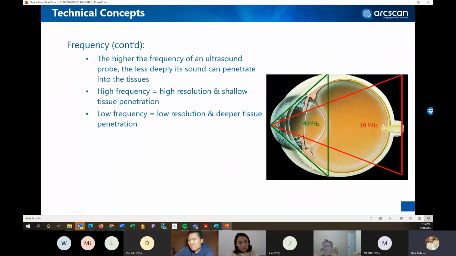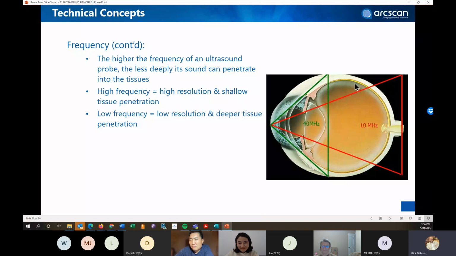Now, as I said before, the higher the frequency, the more resolution, but the less penetration. And the lower the frequency, the deeper the penetration, but the lower the resolution. Sorry, this is like a tongue twister.